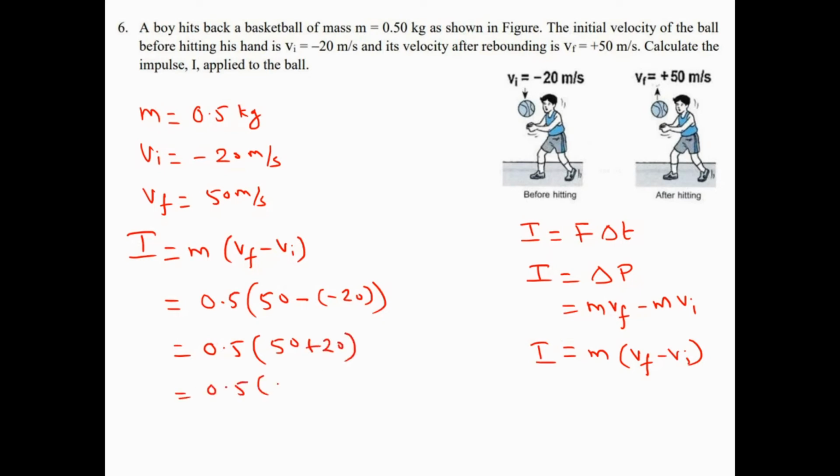So 0.5 multiplied by 70 gives the answer of 35. So the impulse I is equal to 35, and the unit is kilogram meter per second. So this is the answer for this question.